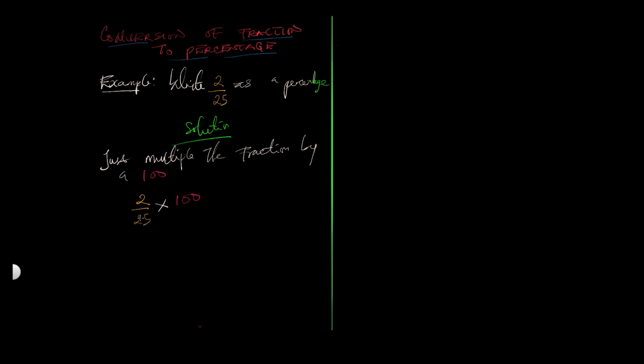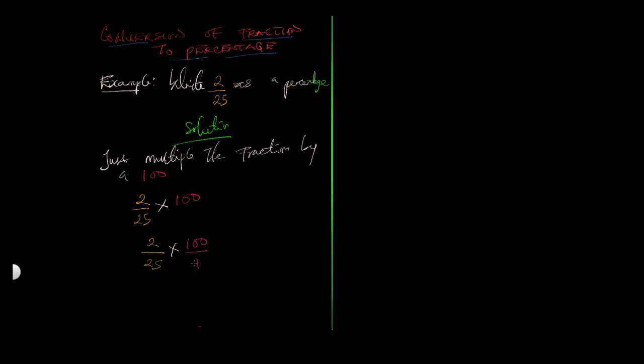All right, so if you multiply this with 100, this 100 is the same thing as saying 2/25 times 100 over 1. It's the same thing.